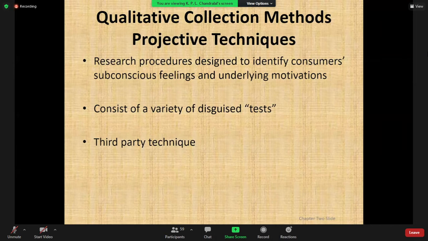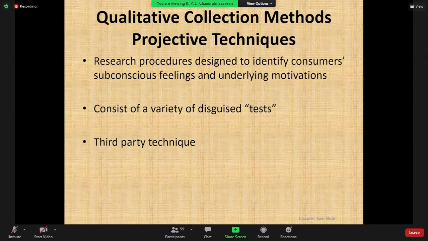That's why we call it projective. People don't want to reveal certain things directly, maybe their personal things, feelings, secret things. So there's no way that we can uncover these things because people don't want to freely share them with you.